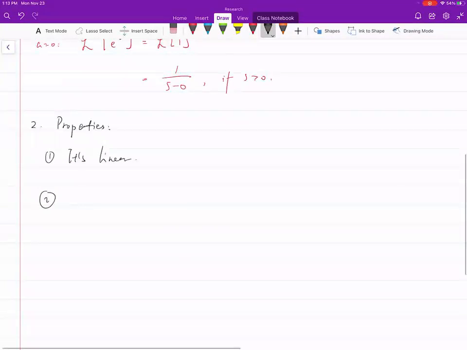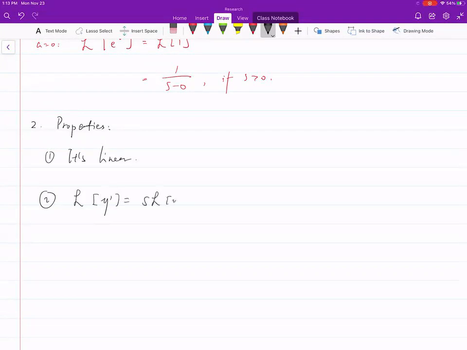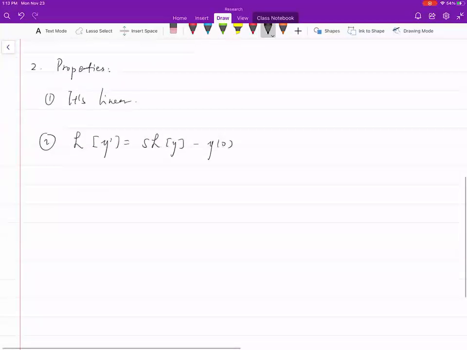Second, probably the most important, when you have a derivative, you can change it to be sLy minus y0. So two things. Number one, this one will treat a derivative really nicely. So we don't have to worry about the derivative anymore. If you see a differential equation which has a lot of derivatives, just do the Laplace transform. Once you do it, there will be no derivative left, only Ly.